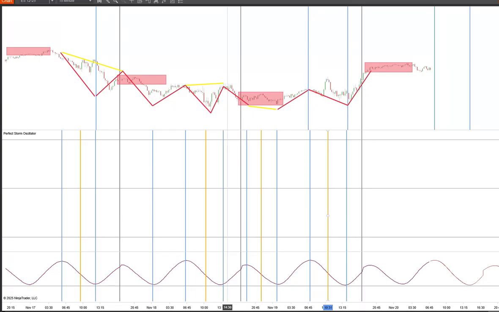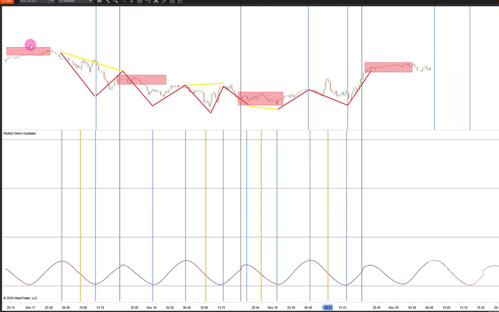Let's look at the last few days to see what this is looking like this week. We had the oscillator high here, and the market just started to move.